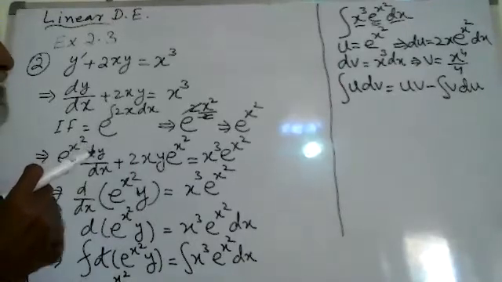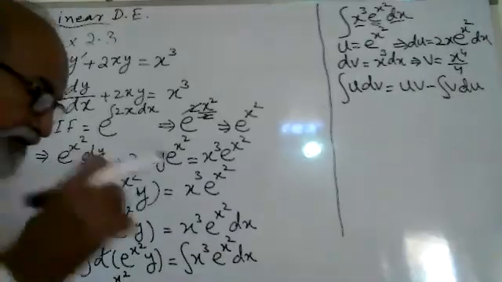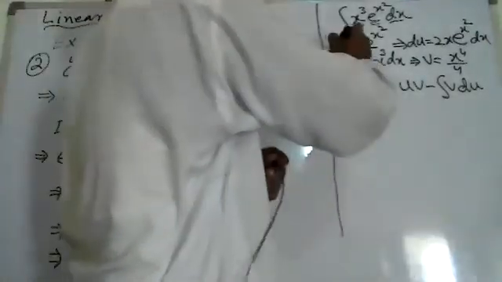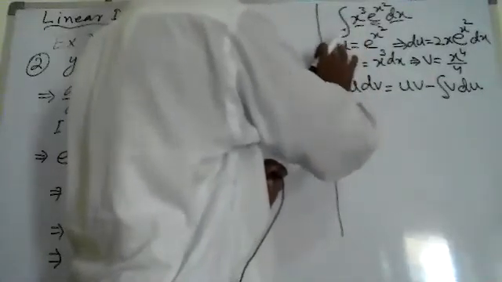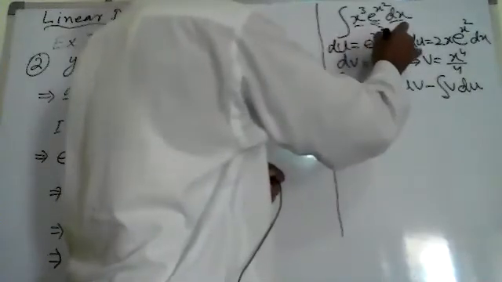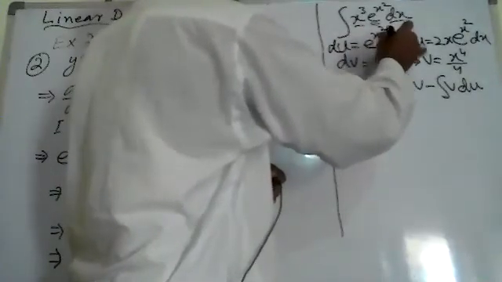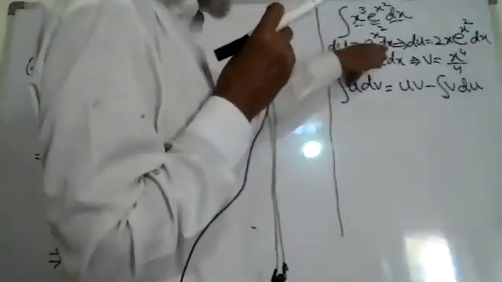So we will change du and dv. This will be taken du, du is equal to e raised to power x dx.